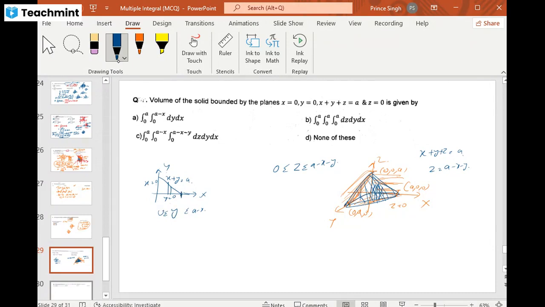And what is the boundary point? a 0, and this is 0 a. So the limit of x varies from boundary to boundary, 0 to a. So the limits will be 0 to a minus x minus y, 0 to a minus x, and 0 to a. So this is the correct answer.